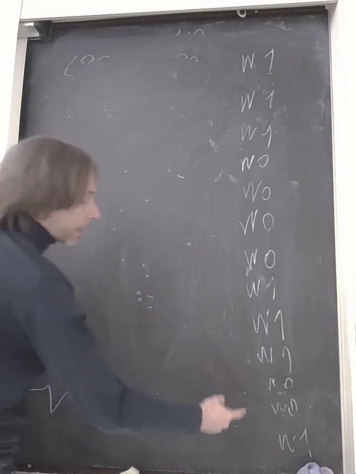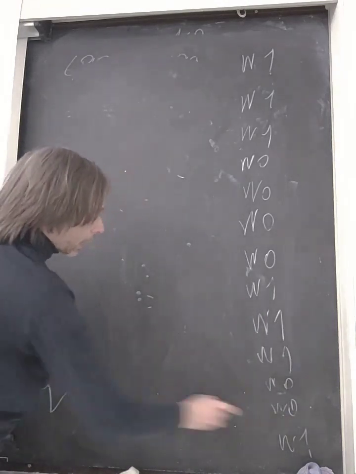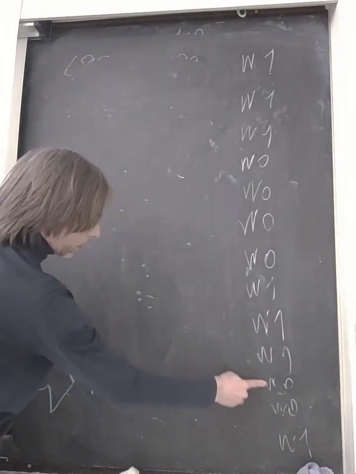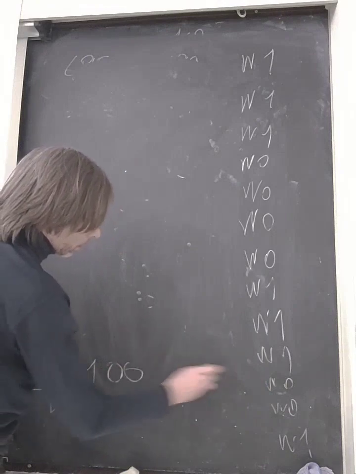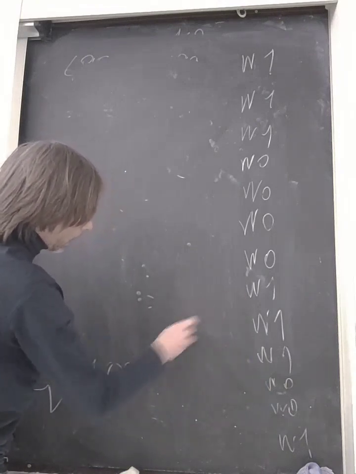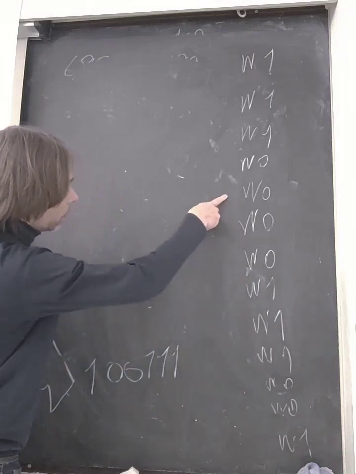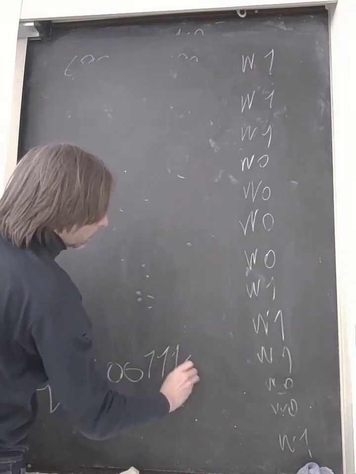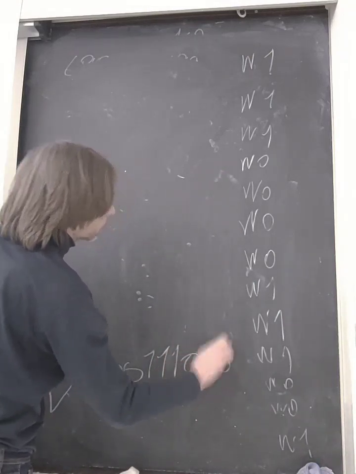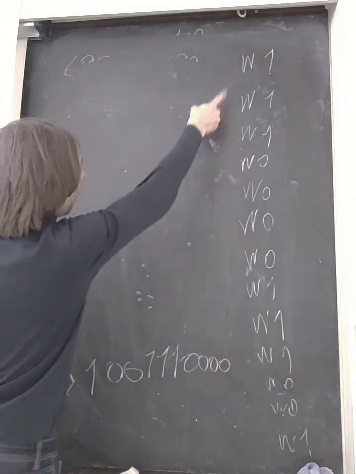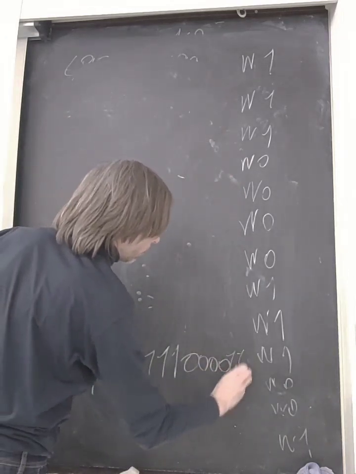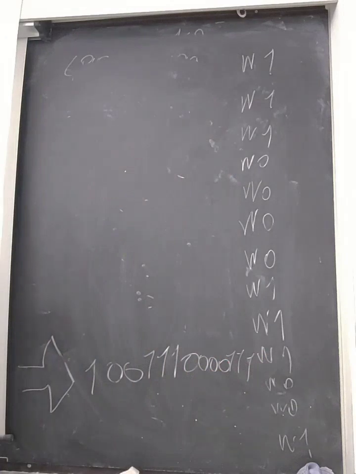I start writing it from the bottom. So 1, 0, 0, 1, 1, 1, 0, 0, 0, 0, 0, 0, 0, 0, 0, 1, 1, 1. Okay, 1, 1, 1. Okay.